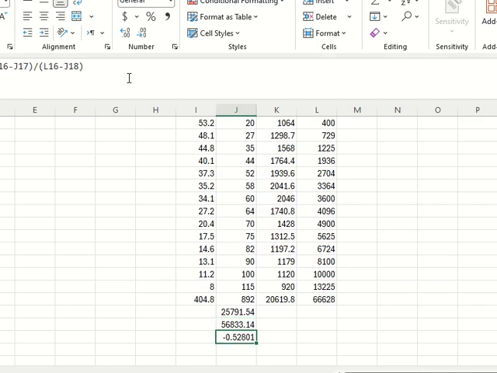So this is my b value. Okay, this is my b.